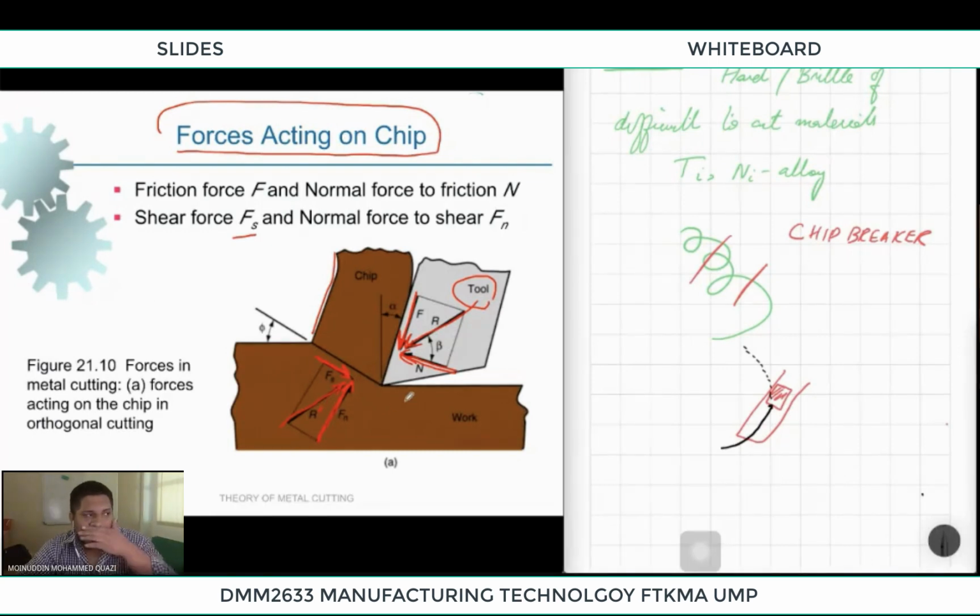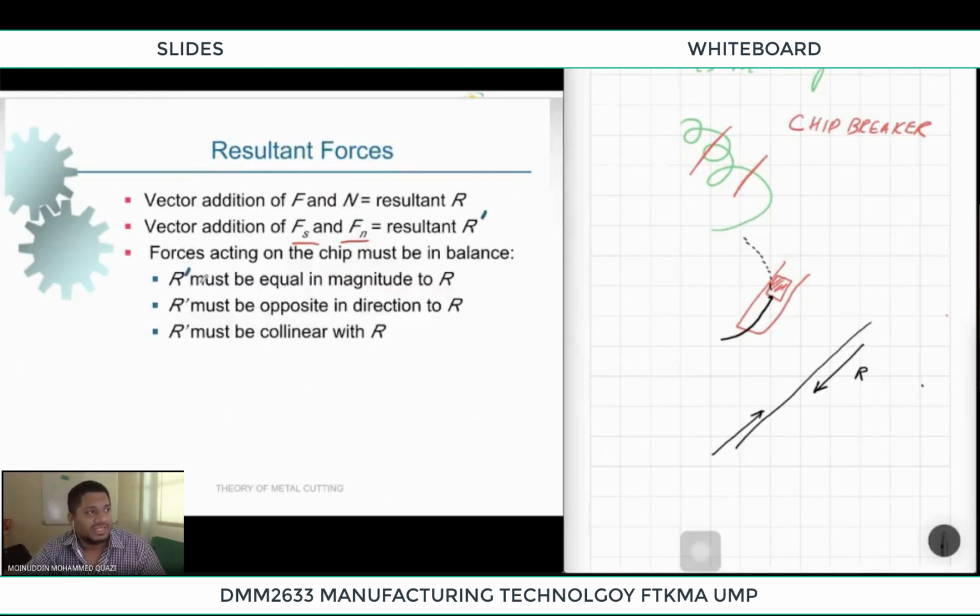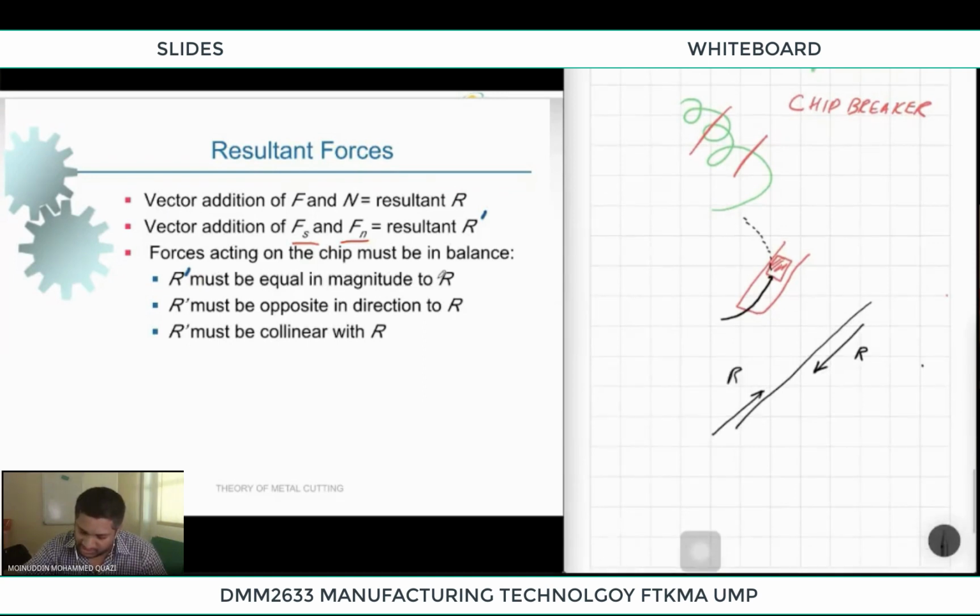Now the directions of R and R dash are opposite, but in the same plane. R dash must be equal in magnitude to R, so R is equal to R dash.